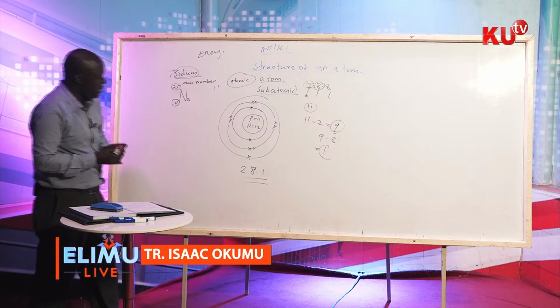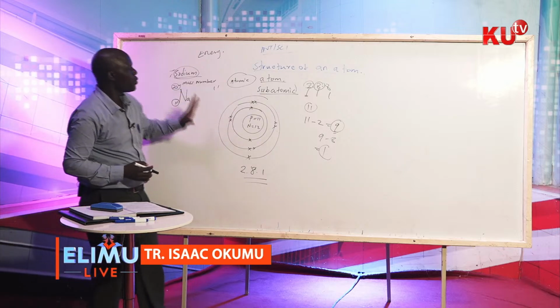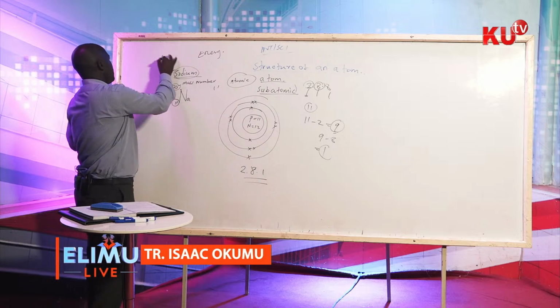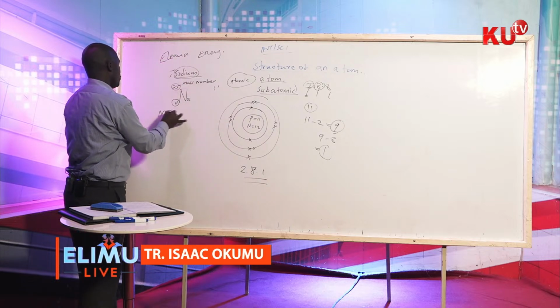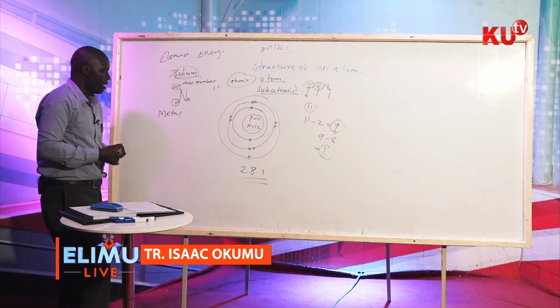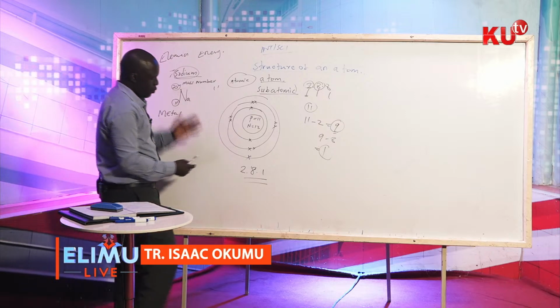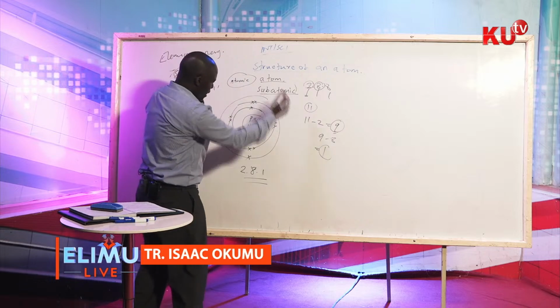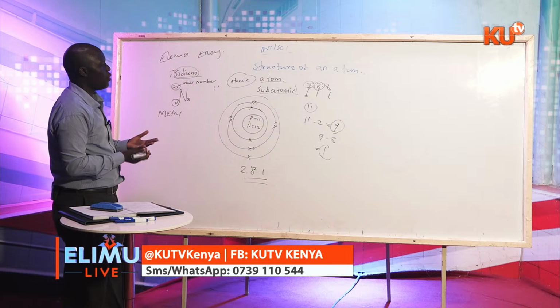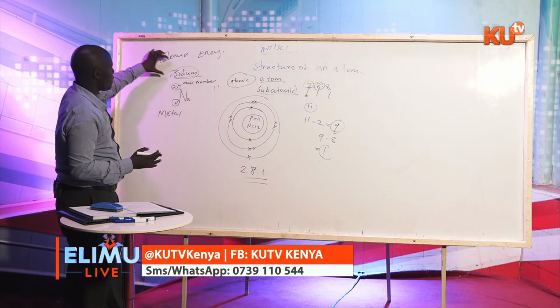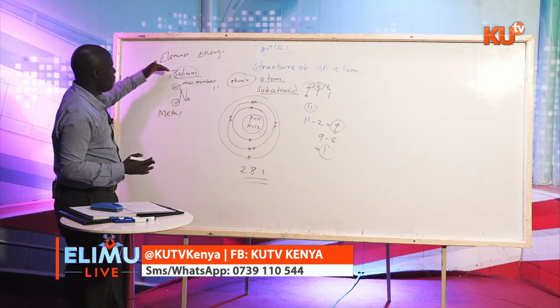Now, once we have done this, we can classify these elements into metals or non-metals, because there's a rule where we look at the number of electrons on the outermost energy level, and we can use that to tell whether this substance is a metal or non-metal.